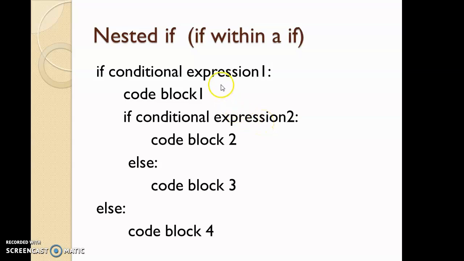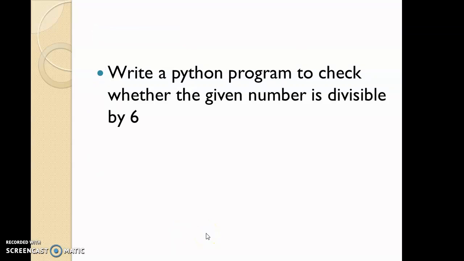If conditional expression 1 becomes true and conditional expression 2 also becomes true, code block 2 will be executed. Suppose conditional expression 1 becomes true but conditional expression 2 becomes false, then code block 3 will be executed. Suppose the first condition itself is false, it directly goes to the corresponding else clause, so code block 4 will be executed. This is the structure of nested if statement.